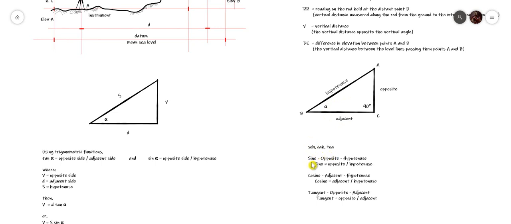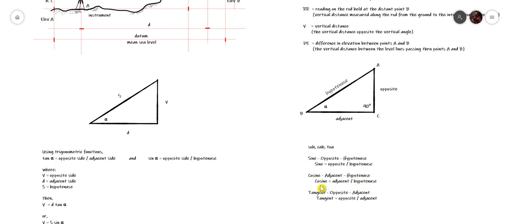In SOH, S refers to sine, O refers to the opposite side, and H refers to the hypotenuse. So that sine is equal to the opposite side divided by the hypotenuse. In CAH, C refers to cosine, A refers to the adjacent side, and H refers to the hypotenuse.